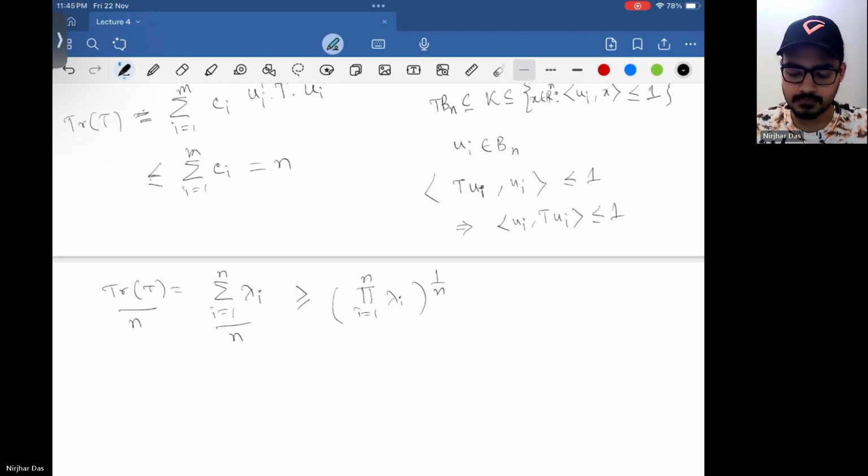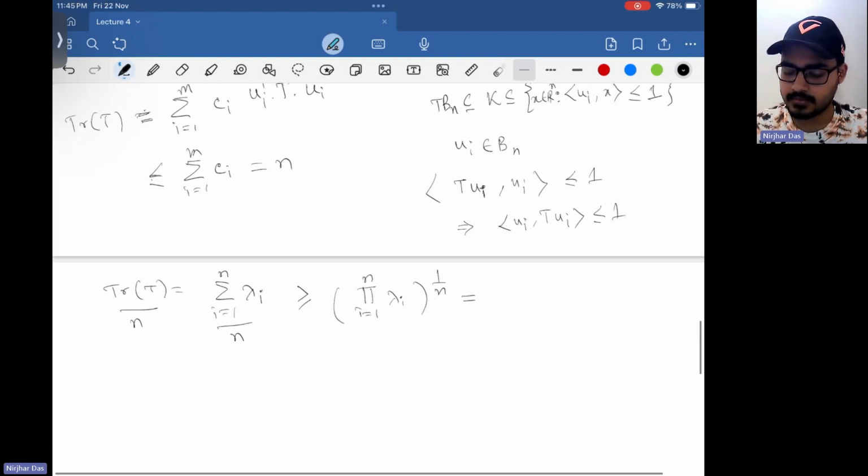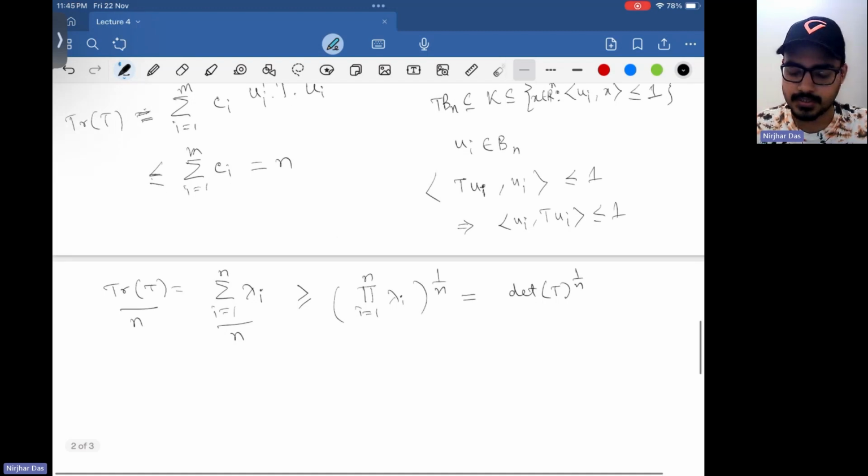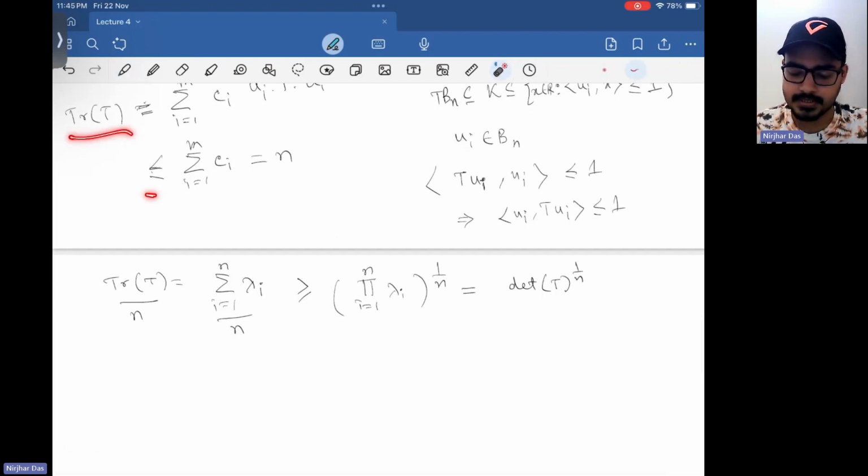And this is nothing but the determinant of T to the power 1 by n. And further, we just showed that the trace is less than or equal to n, so this is less than or equal to 1. So we have that the determinant of T is less than or equal to 1.